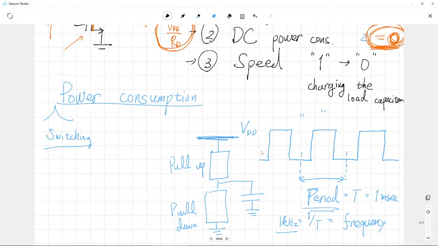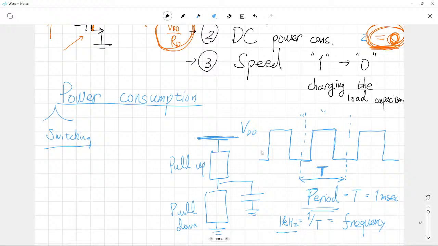So now think about this one. Given one time period T, how much charge should be given to here? The maximum charge we have to have is when, for example, the input is low, high, low.